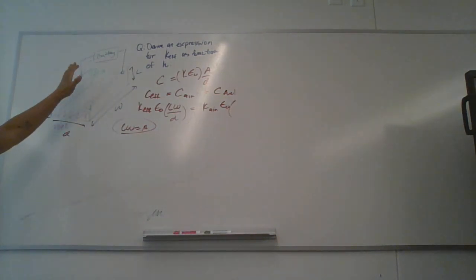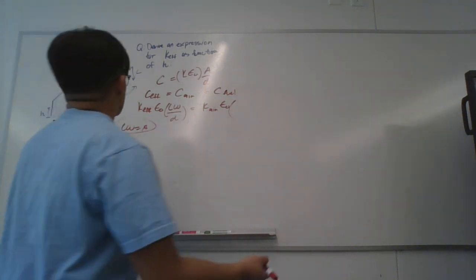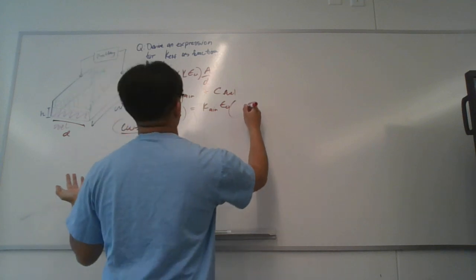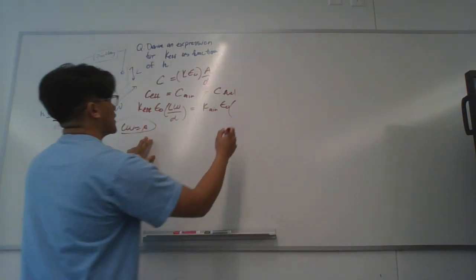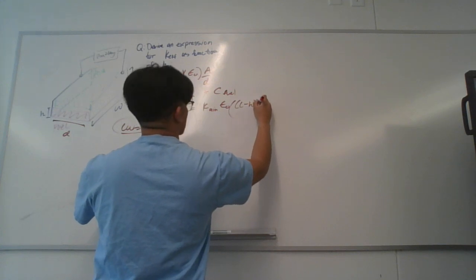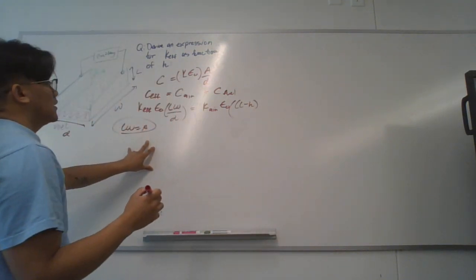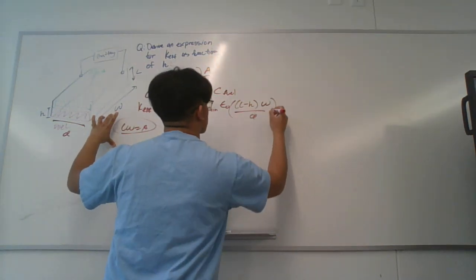The length for the air is actually not just L, because we also have the height of the fuel. So the length is L minus H, multiplied by the width, all over the distance.